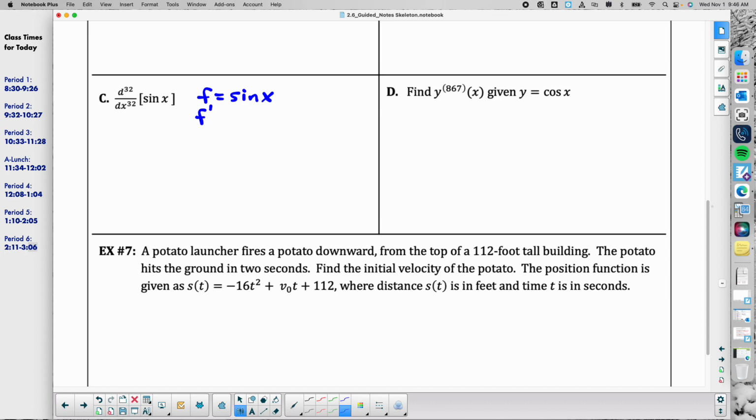So the first derivative would be cosine. Second derivative would be negative sine. Third derivative, negative cosine.